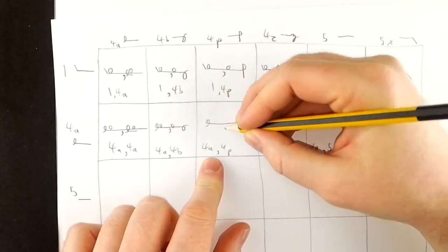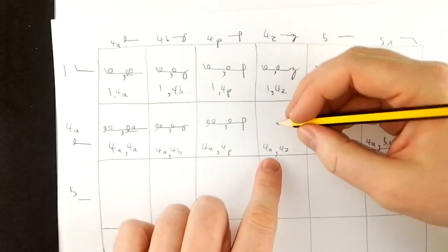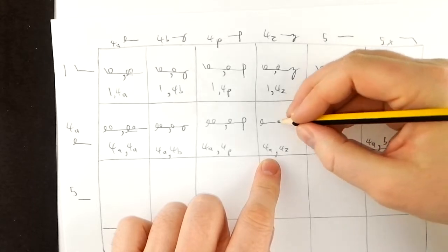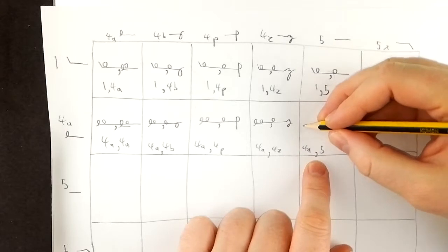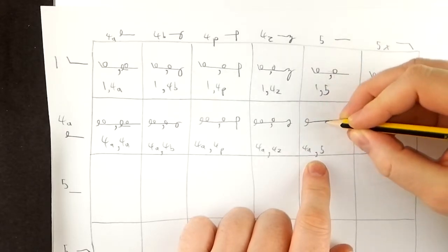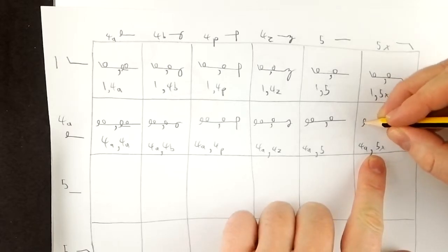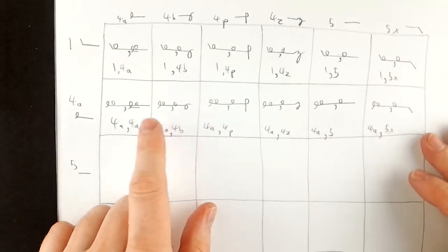Wow. 4A, 4Z. Number 4A, 5. Very easy. Number 4A, 5X. So let's try this one.